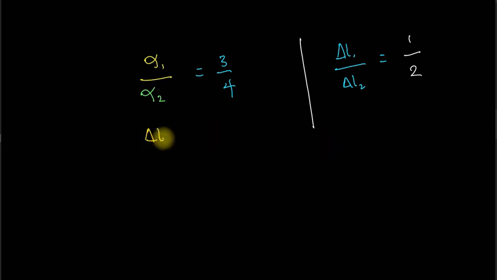Alpha 1 is change in length of L1 over the original length L1 times change in temperature, which is the same for both, divided by linear expansivity 2.